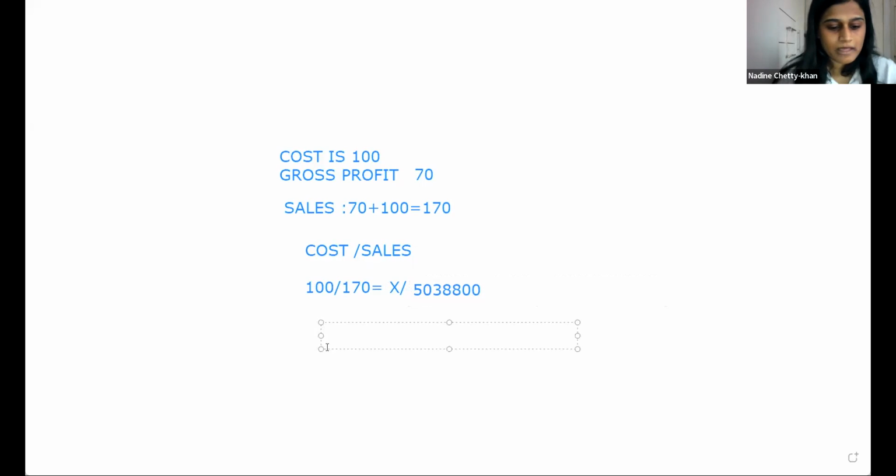Well, X, which is, remember, our cost of sales, will equal, and this is just pure maths, X will be the multiplication of 538,800 times 170 over 100, which is basically 538,800 multiplied by 1.7.